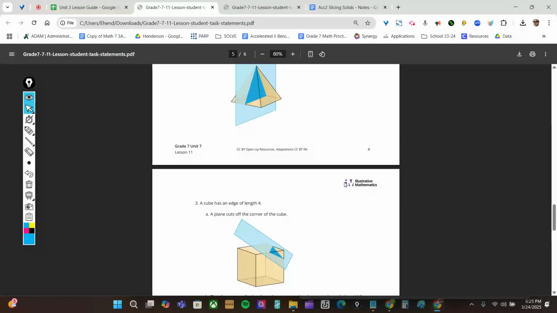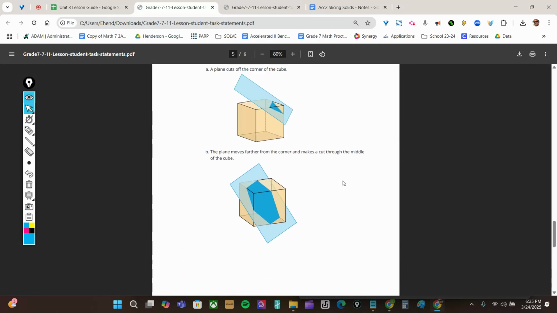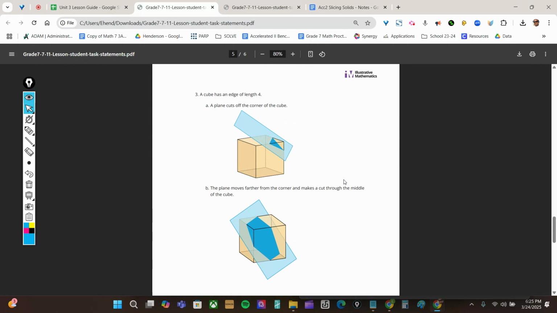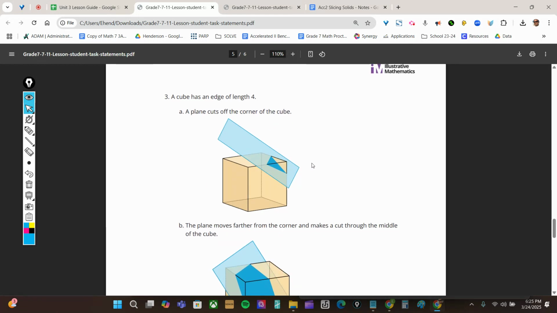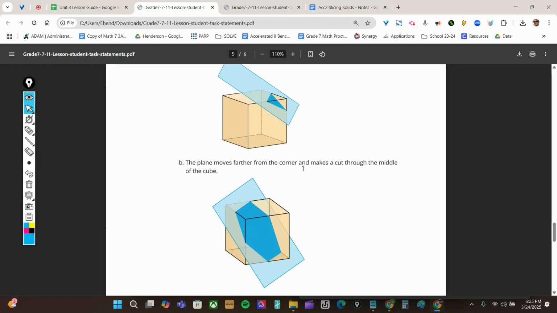All right. Next page is the last page before the summary. It's a little bit trickier. There are some complex shapes here. It says a plane cuts off the corner. Well, they highlight it for you so you can see pretty clearly what kind of shape it makes, and the plane moves farther from the corner and makes a cut. 1, 2, 3, 4, 5; 1, 2, 3, 4, 5, 6.